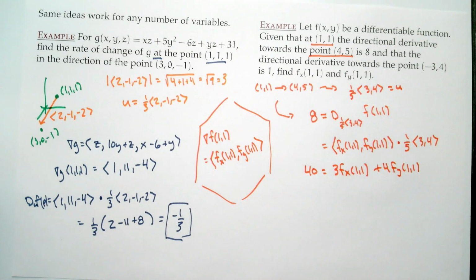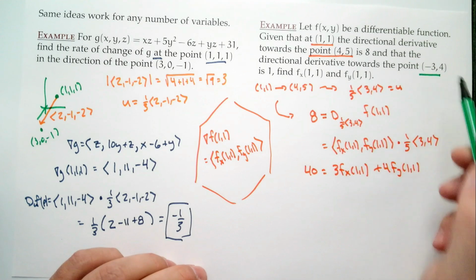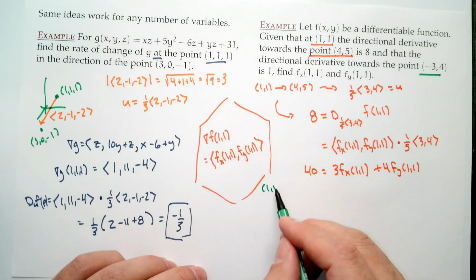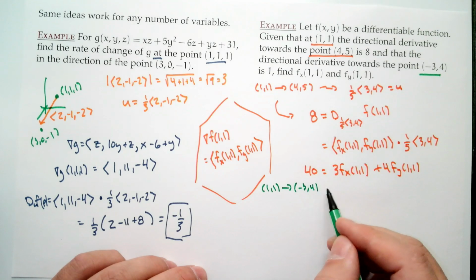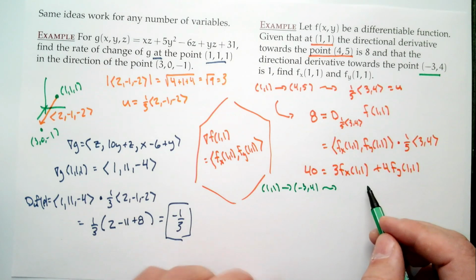But do we know anything else? Yeah, there's a second directional derivative. So we have (1, 1) towards the point (-3, 4). What's the vector?